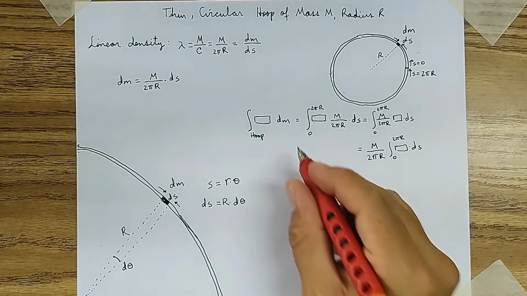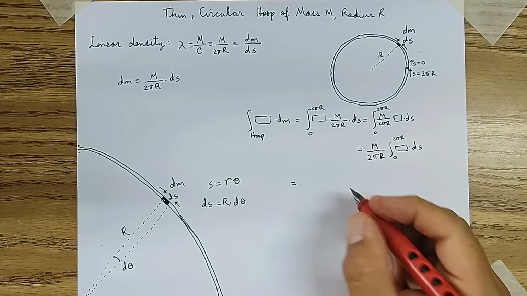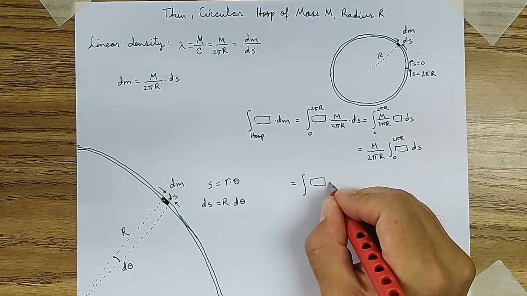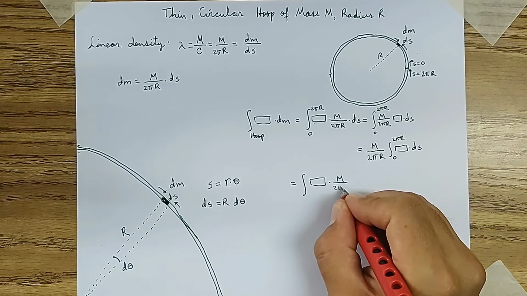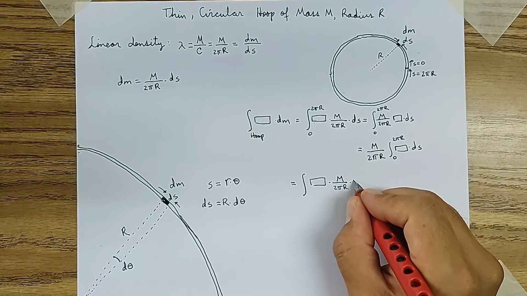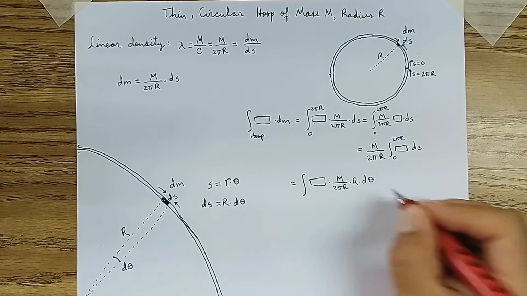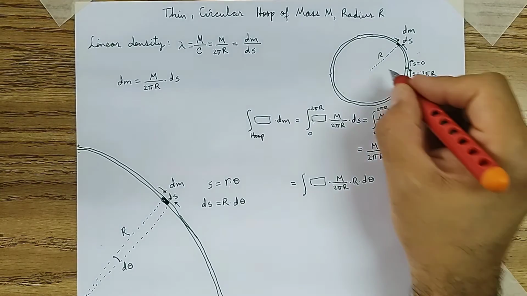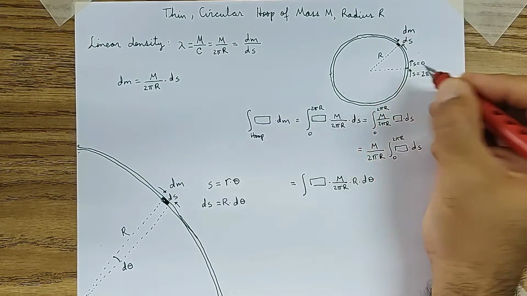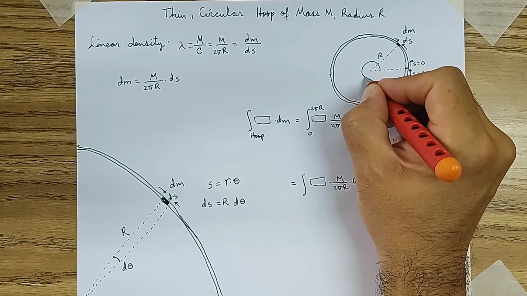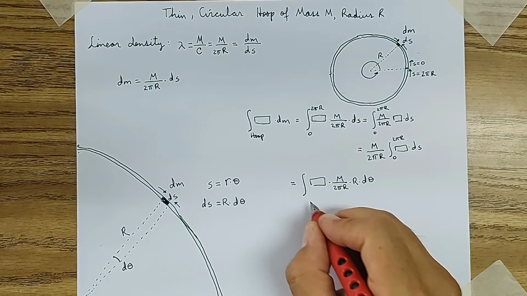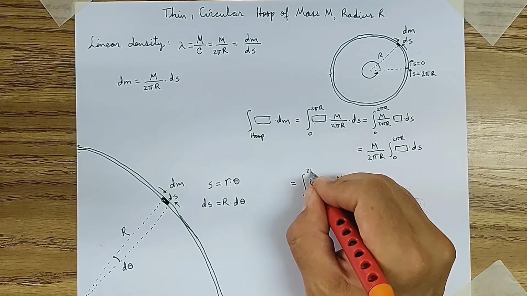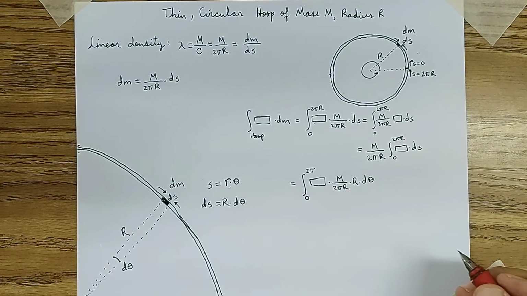If you do that, then this integral changes a little bit. You can also convert it as the integral of this function times mass over 2 pi times the radius times the radius times d theta. Since you have converted this to the angle as a variable, then that variable goes around the whole circle, which means that theta starts out as a value of 0 and ends with a value of 2 pi radians.